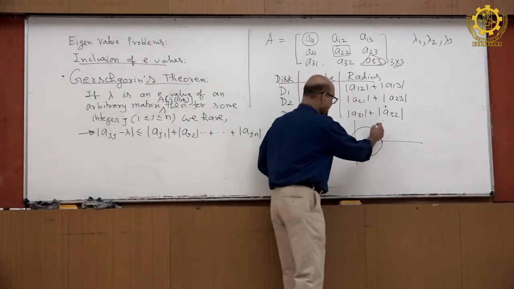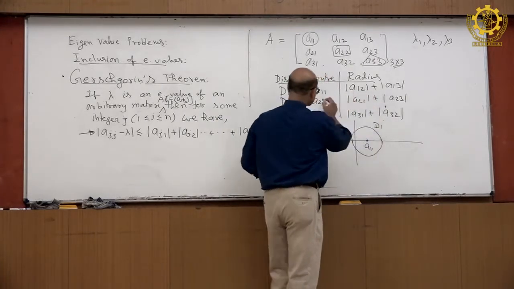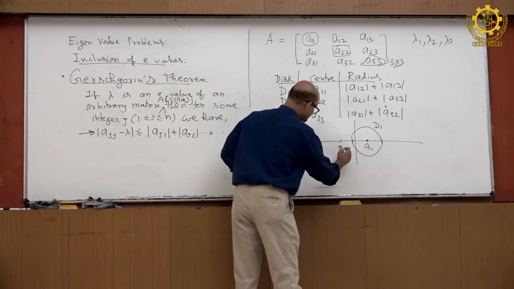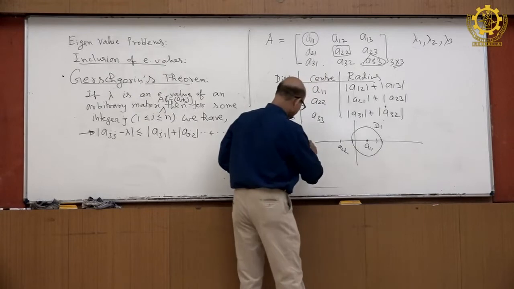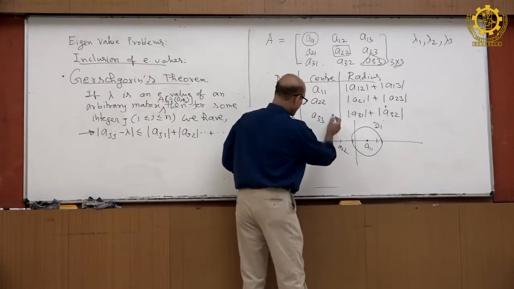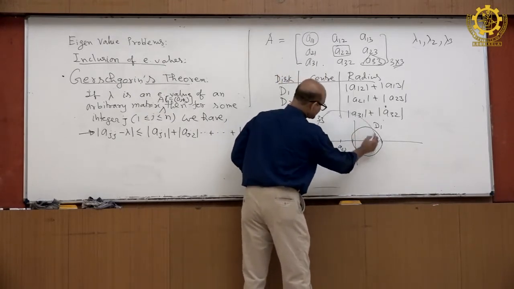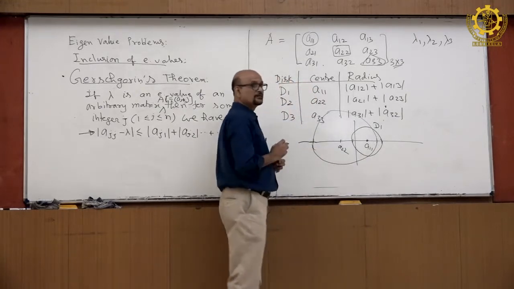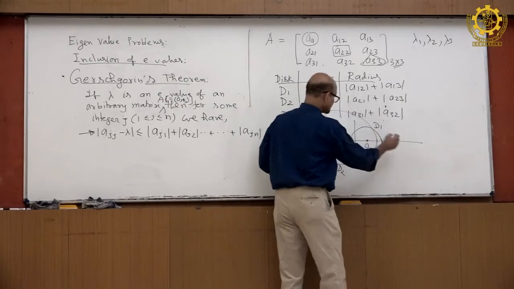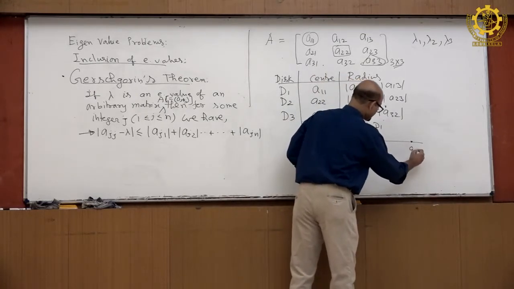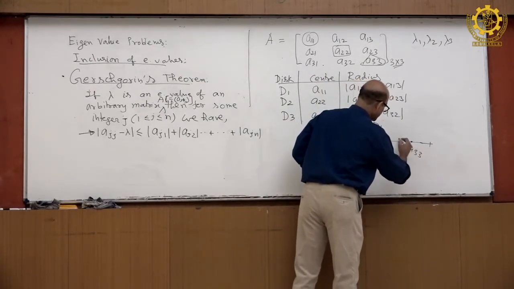This is your d1. Suppose this a22 is on this side, and I have the radius like this. So, I have a disk like this, and this is your d2. Suppose this a33 is here, and the radius is like this. So, d3 is here.